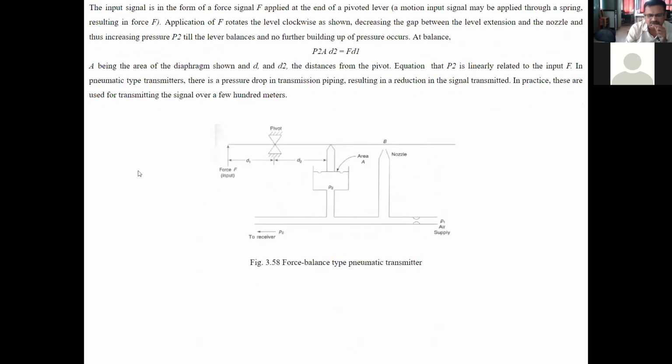Therefore, this is the end of chapter 3. We will start chapter number 4 now.